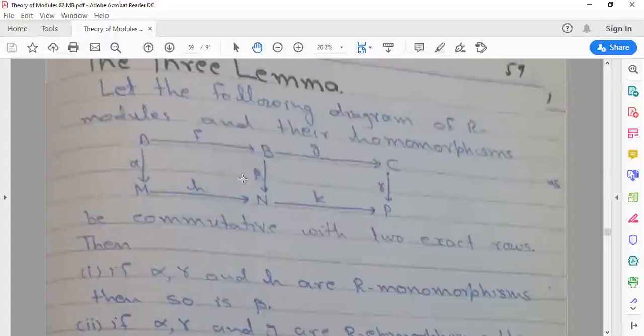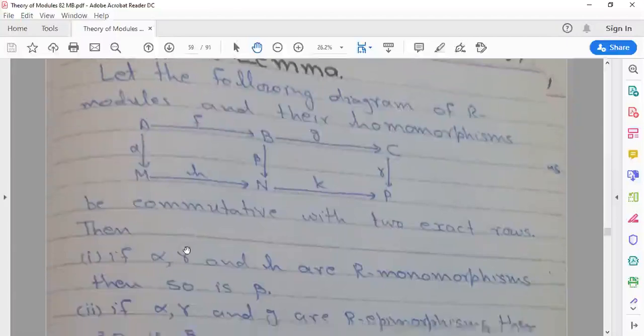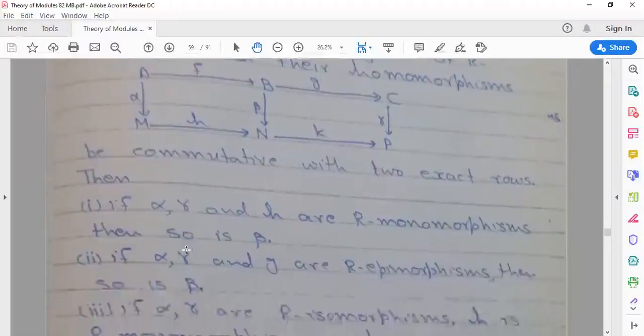The first part states that alpha, gamma and h are monomorphisms. So what is a monomorphism? A function is said to be a monomorphism if it is a homomorphism plus one-one. What is an epimorphism? A function f from module M to N is said to be an epimorphism if it is a homomorphism plus onto.